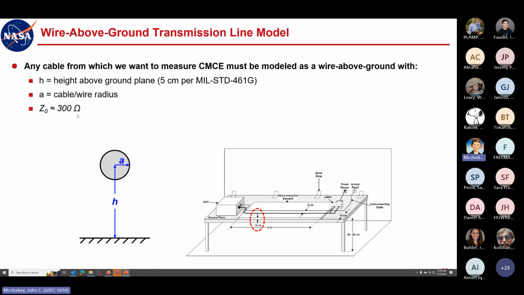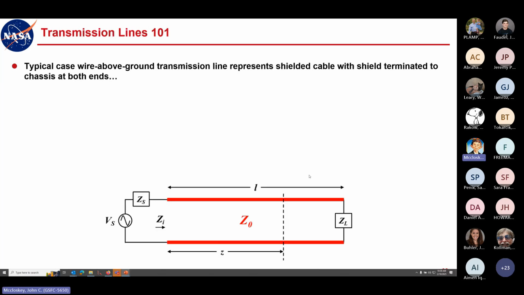So to first order, 300 ohms is a good assumption for your characteristic impedance. So again, when you get up in frequency, and we're talking about making these measurements up to 200 megahertz, these cables are going to be electrically long, they will behave as transmission lines. So they'll have a characteristic impedance of about 300 ohms.